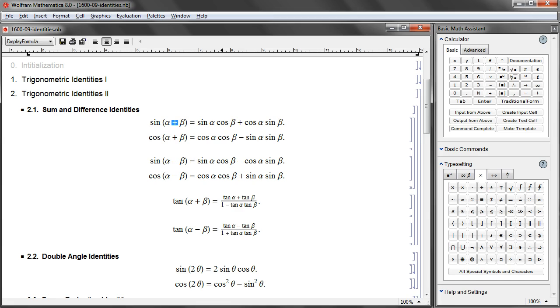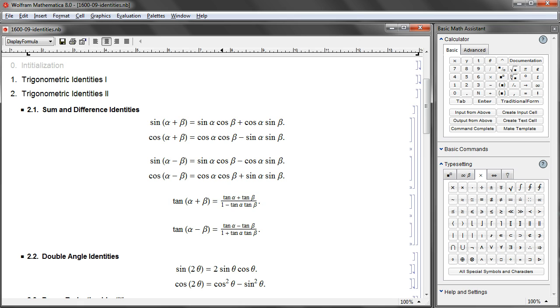In the sum identity, which is standard, plus is changed to minus, and accordingly, this plus now became minus. The same here. This plus became minus, and consequently this minus changed to plus. For tangent, we see the same kind of sign change here. Sign changes on the left hand side, consequently we have the sign change on the right hand side.